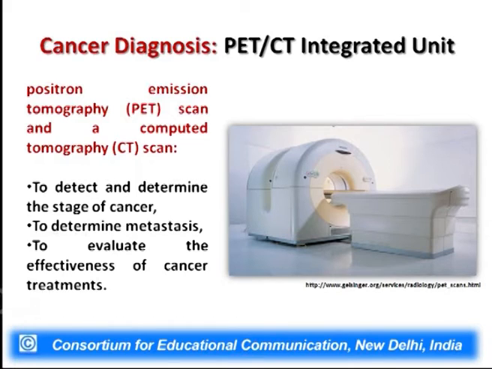With a PET scan, doctors can detect and determine the stage of cancer. Second, they can determine whether the metastasis has occurred. Thirdly, they can evaluate the effectiveness of the cancer treatment started in the patient who is diagnosed with cancer.